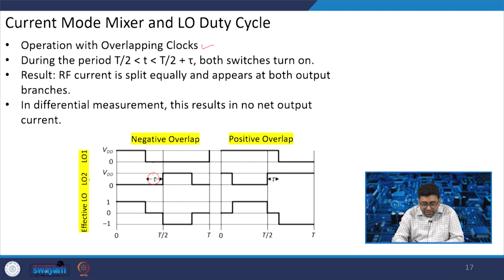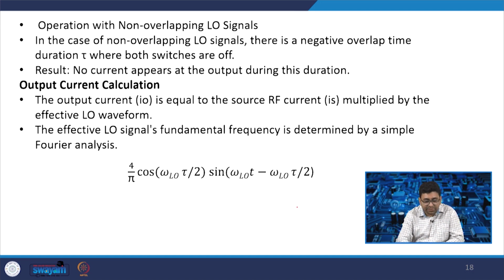During the negative overlap both switches will be off and there is no current, and during the positive overlap both will be on, but because we are considering the differential measurement, there is 0 current.